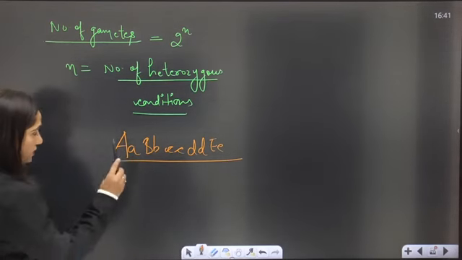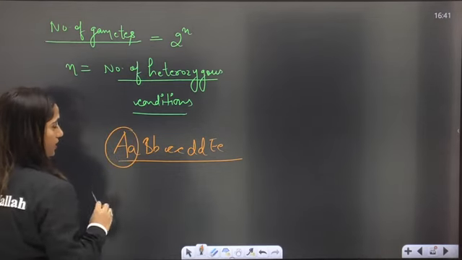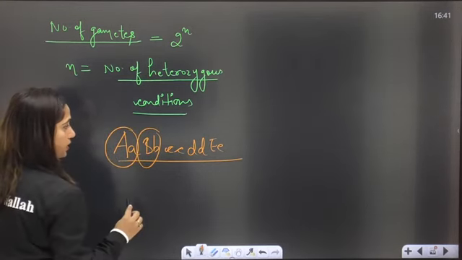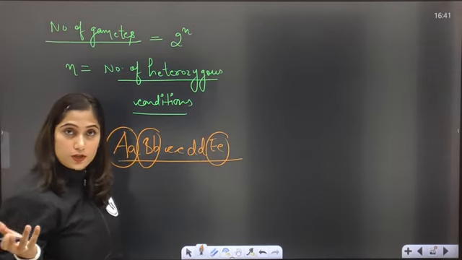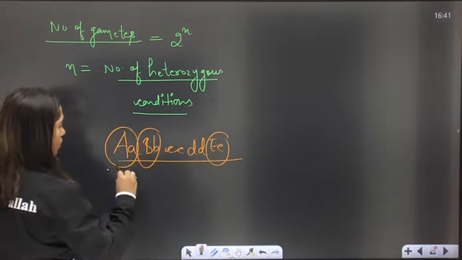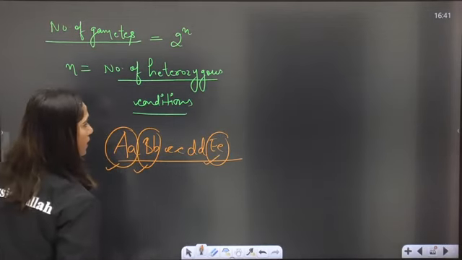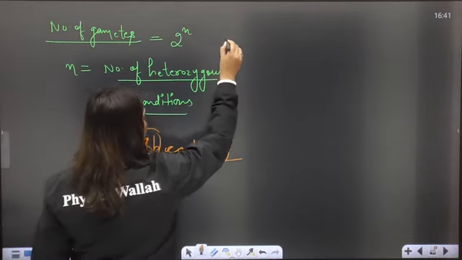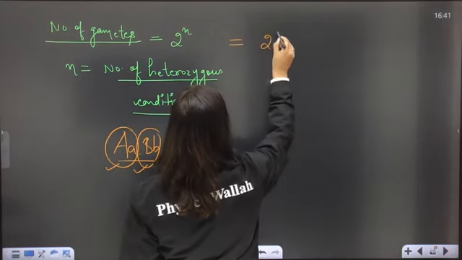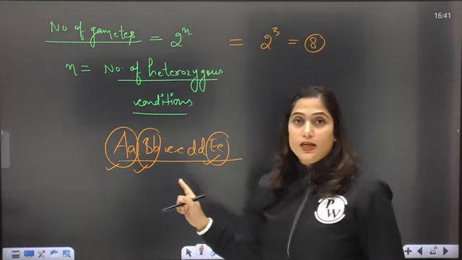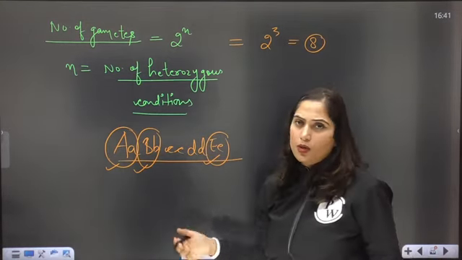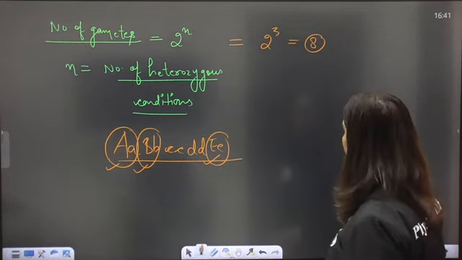This is a heterozygous condition, this is heterozygous, and this is heterozygous. So how many heterozygous conditions? 3. Let's apply the formula: 2 raised to the power 3 comes out to be 8. So this individual can form 8 gametes. You can solve any problem of this kind.